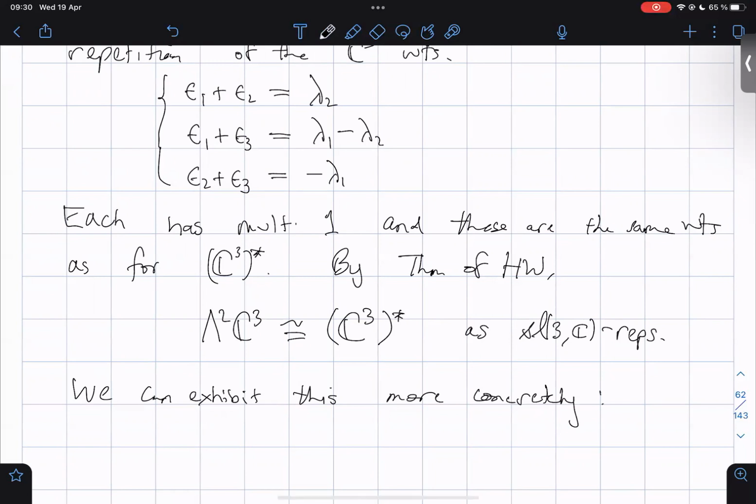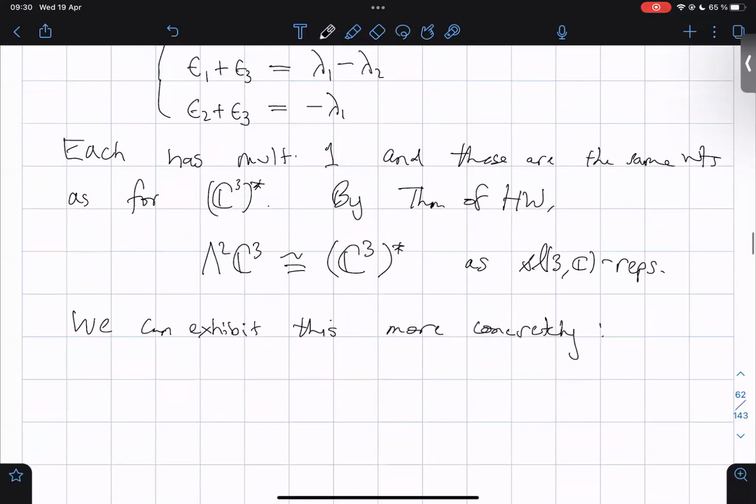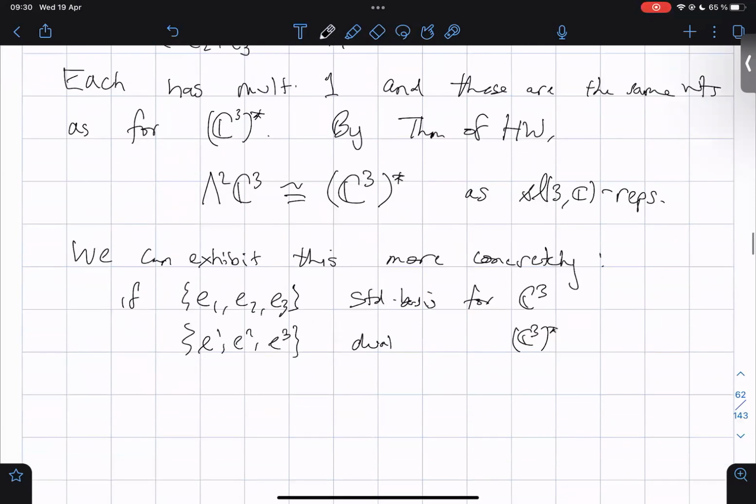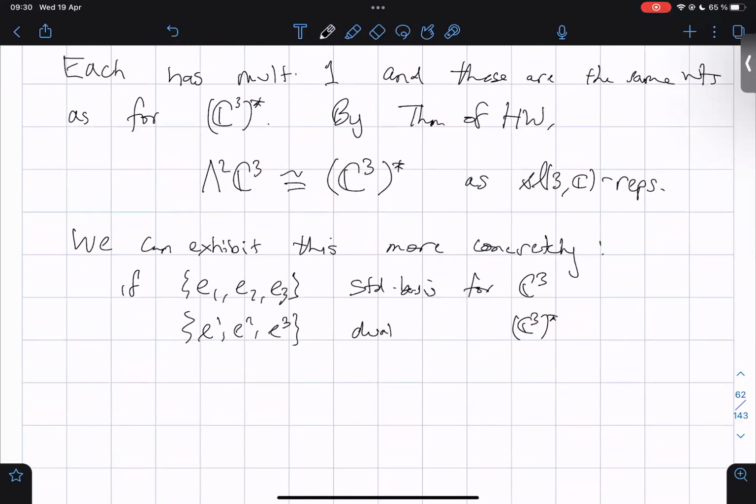Okay, so if we take the usual bases, the standard basis for C3, and let's take the dual, C3 dual.